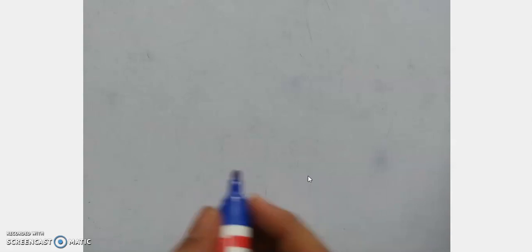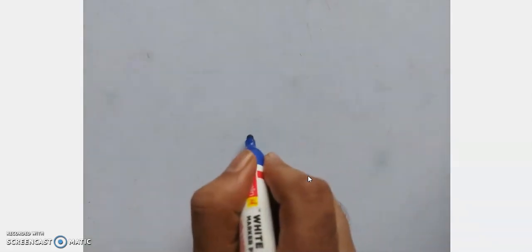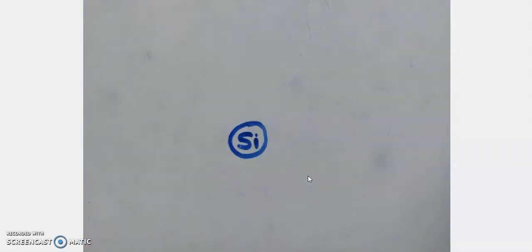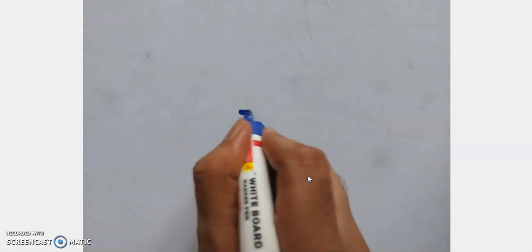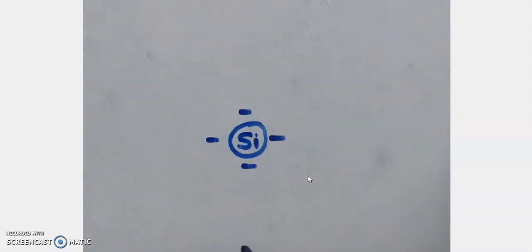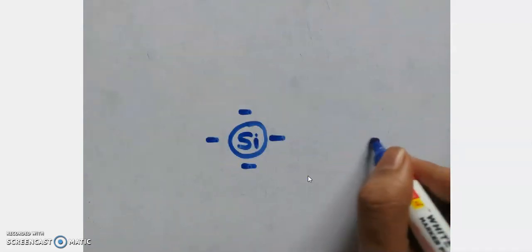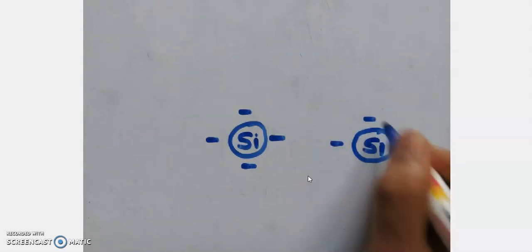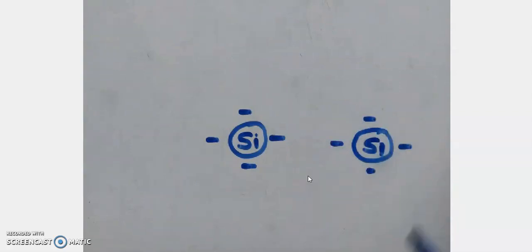Let's take an example of a single silicon atom. Suppose I have a silicon atom with me. This silicon atom consists of four valence electrons. If I have a neighboring silicon atom, again this silicon atom will have four valence electrons.